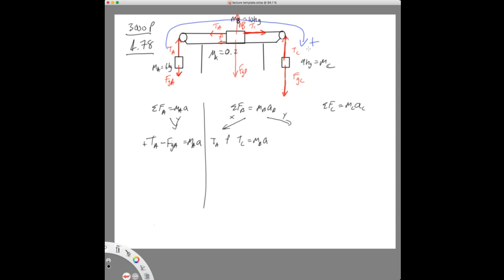Looking at my blue arrow, the TC should get a plus sign, and the other two should both get minus signs. Now, if I work with this a little bit more, I have minus TA, and friction we can replace with mu times normal.